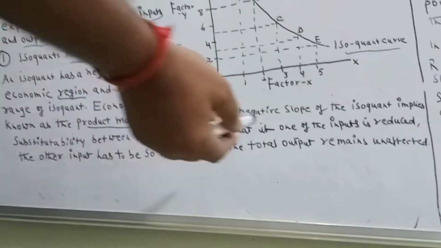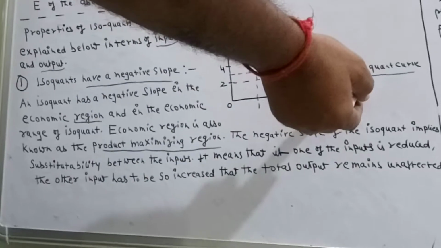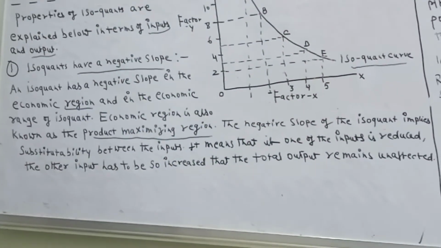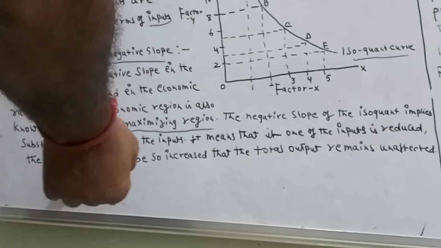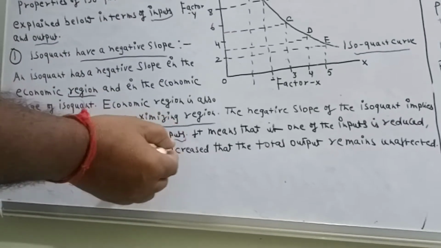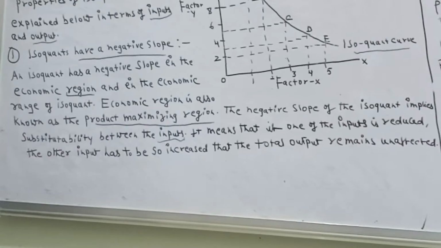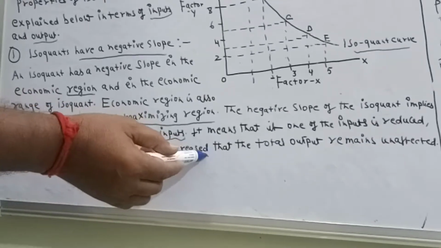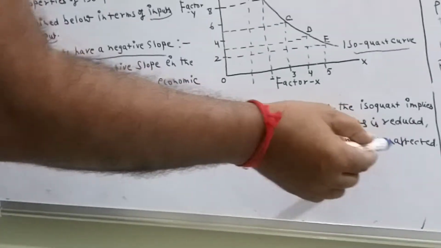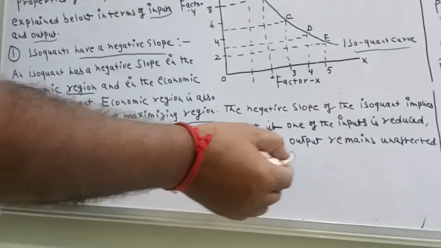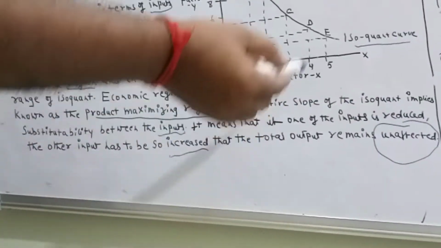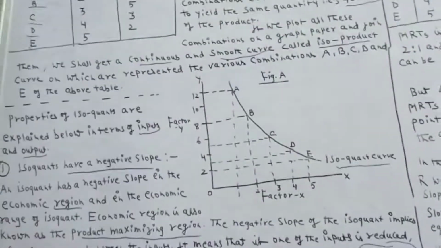The negative slope of the isoquant implies substitutability between the inputs here. It means that if one of the inputs is reduced, the other input has to be increased so that the total output remains unaffected, that is 40 units of output.